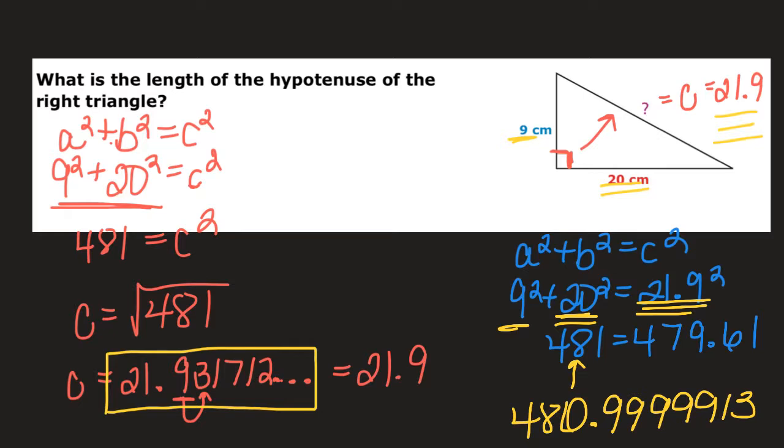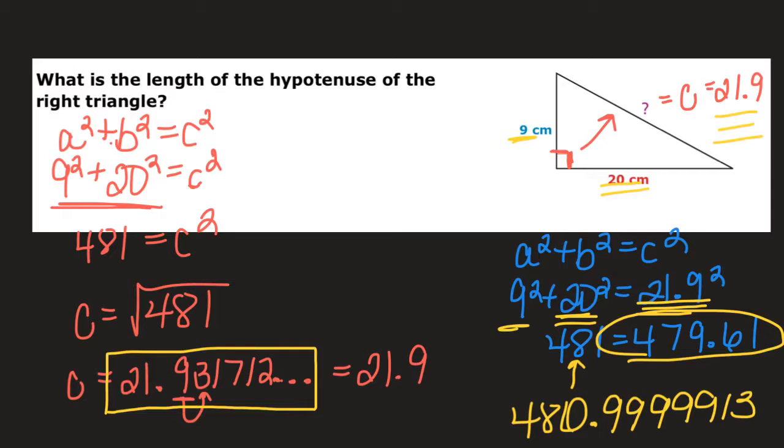So I don't want to discourage you from checking your answers, but I do want you to understand that if I've rounded a number, then the answer I get from that, this 479.61, is not going to be exact.